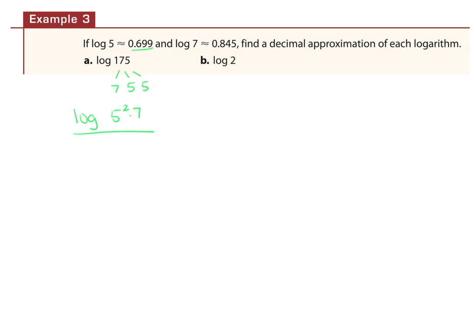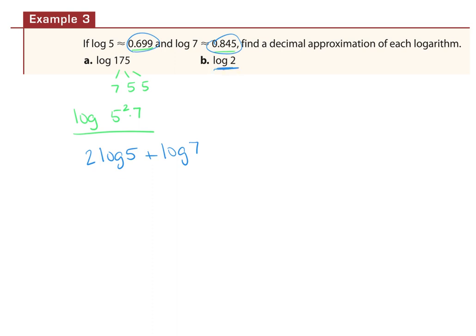Well, they gave us estimations for this, so we can split that out. We can say 2 times the log of 5 plus the log of 7. And we can plug in what they told us. Log of 5 is this, log of 7 is that. And we can estimate what that log would be.